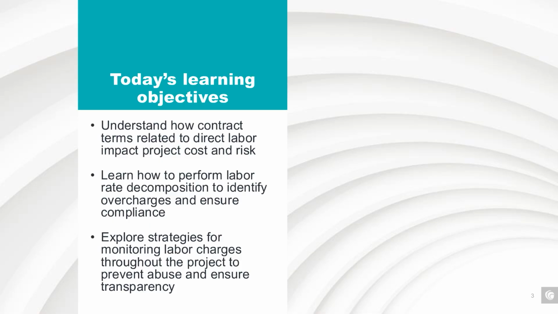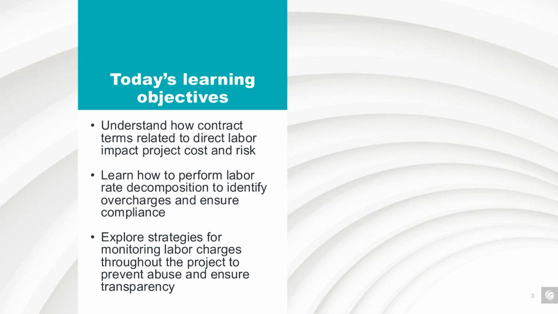It supports compliance and audits, so many projects, especially government-related projects or regulated ones, require certified payroll reporting and prevailing wage compliance. And doing this decomposition makes it easier to demonstrate adherence to these rules. And it enhances forecasting and risk management. So understanding the structure of labor costs helps predict impacts of wage increases or benefit changes and model scenarios for inflation or labor shortages.